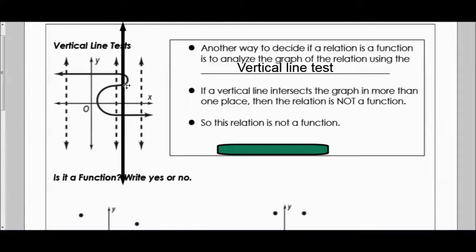Since we have overlapping points, we have the same x value here with a bunch of different y values. Let's say x is 4 here. We have a y value of -2, of +3, and +4. That can't happen. So we have overlapping points on our graph. That shows that that is not a function.